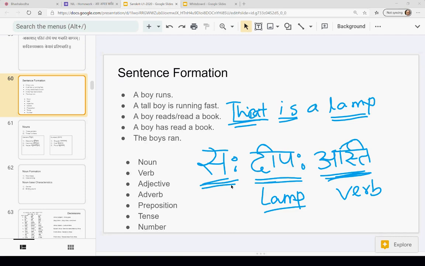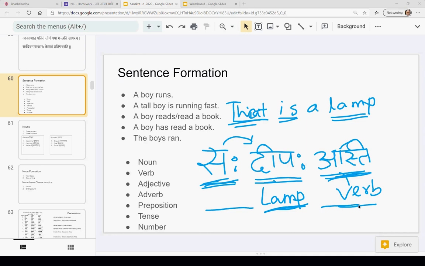So here in this case, saha is also an adjective. Saha deepaha asti. Here lamp is the subject, the verb is asti, and saha is the adjective, which is supplementing this deepaha word. Deepaha is lamp, so that is a lamp. These are very simple sentences which we are looking at now.